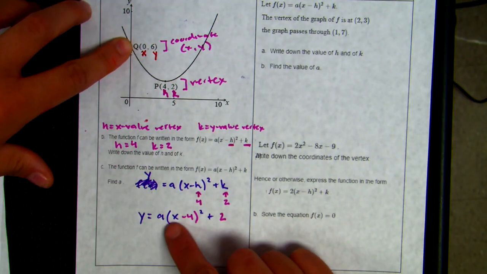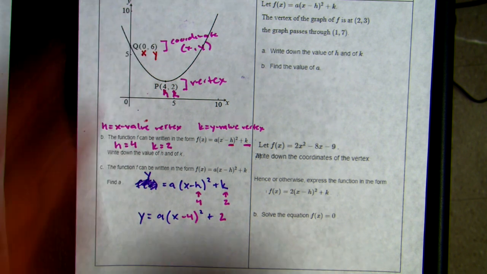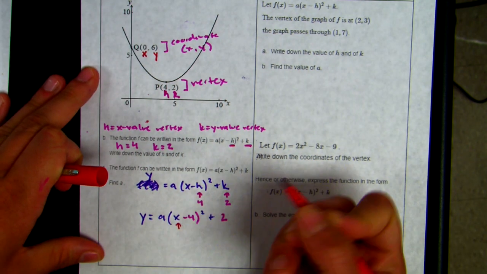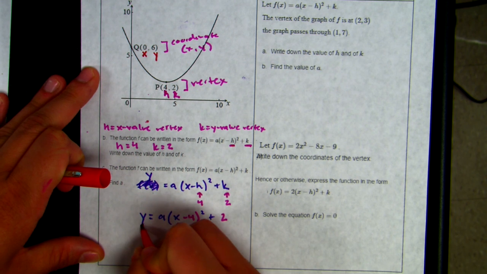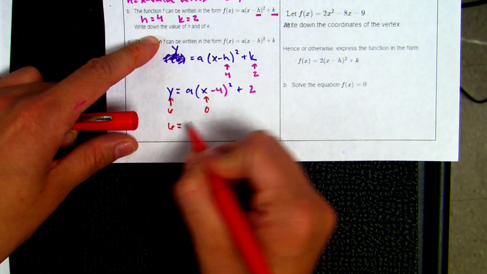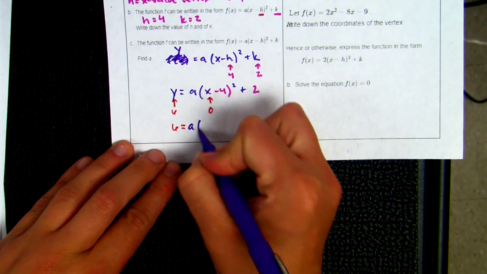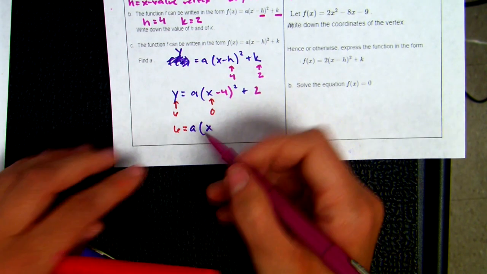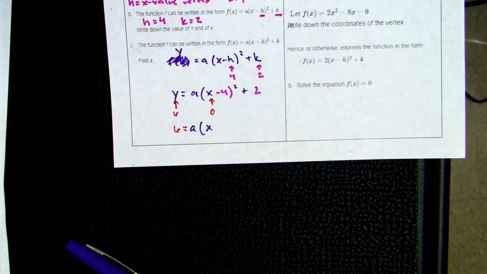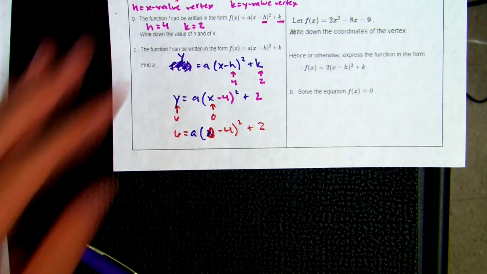So I can plug in whatever the x value of this coordinate point is in for x and whatever the y value of this coordinate point is in for y. So I'm going to do that next and now see if I have enough information to solve. So then that's going to give me, once I plugged in everything that I know, 6 is equal to a(0 minus 4) squared plus 2.